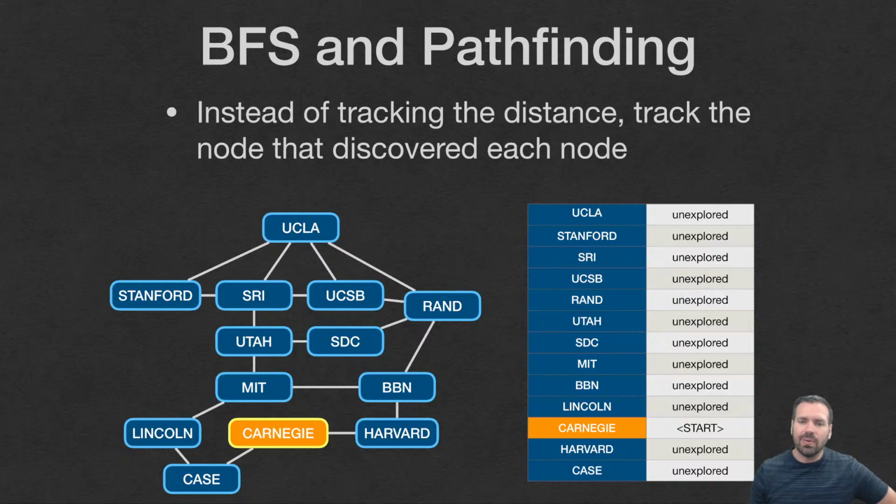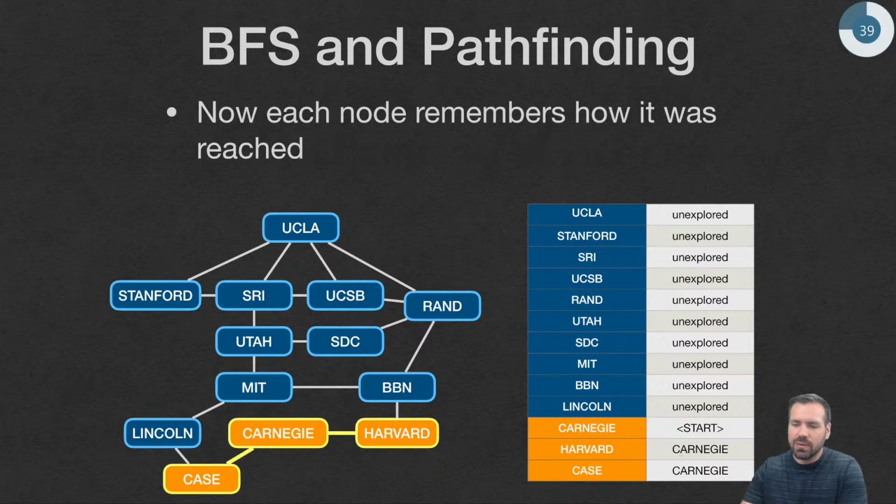Which node found each node? And then for the starting node, we need some special marker. I like null, it's perfectly fine in the code. Something to mark that as the starting node. Say, nobody explored me, I am the beginning of everything. Everything started with me. And then each time we explore a node, keep track of which node discovered it.